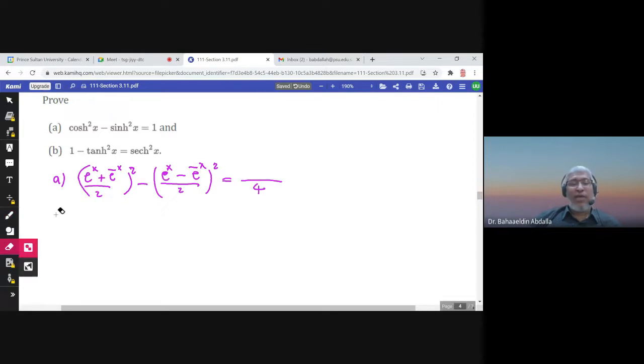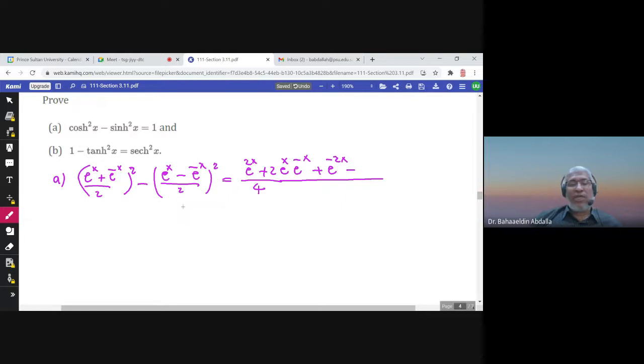And here, e to the power x to the power 2 is e to the power 2x plus 2 times e to the power x times e to the power negative x plus e to the power negative x to the power 2 is e to the power negative 2x, and then minus.